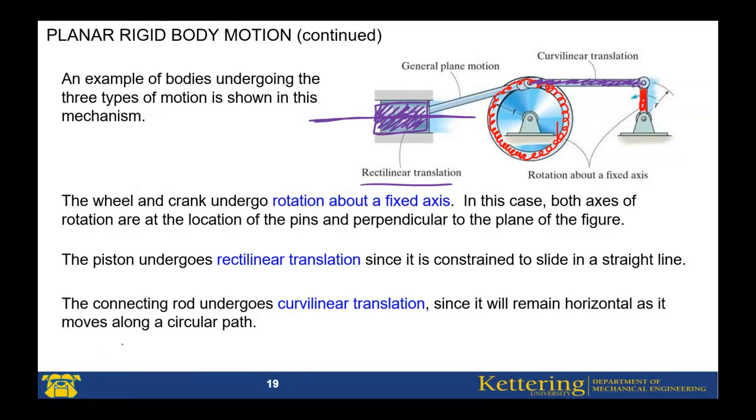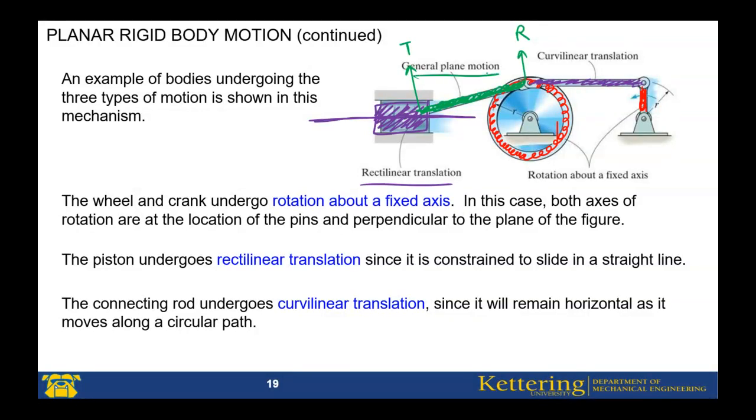And finally, this one. This link has a general plane motion. Why? One end of this one has a rotation. One end of this one has a translational motion.